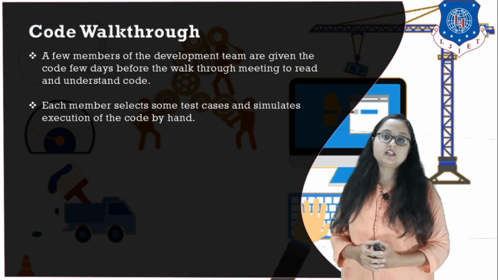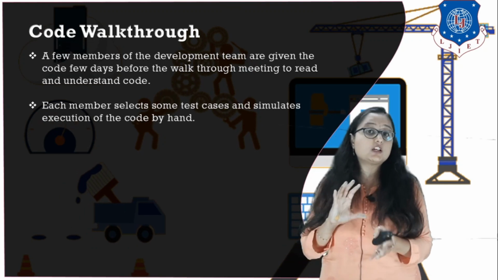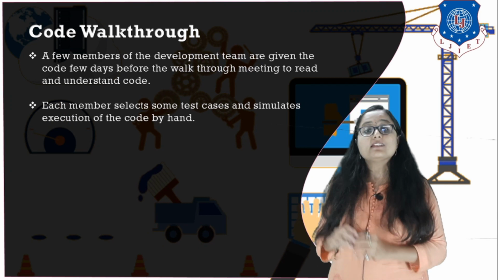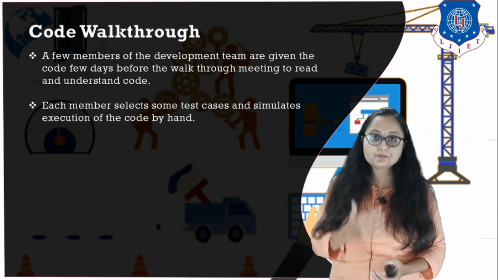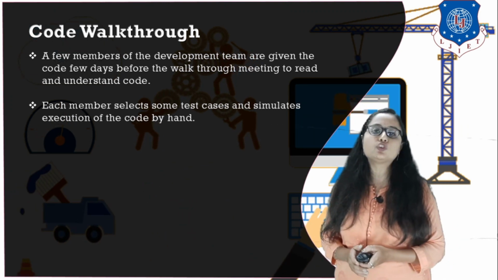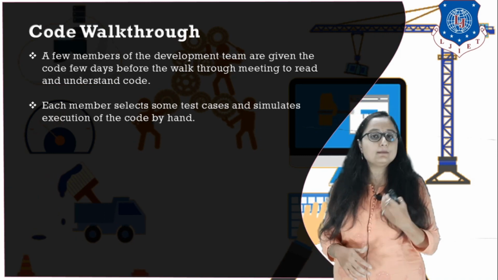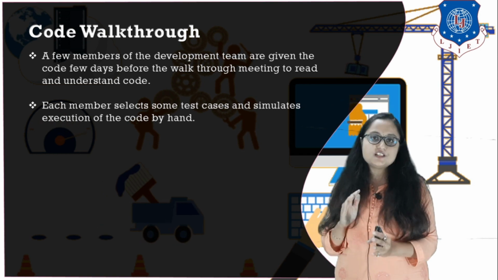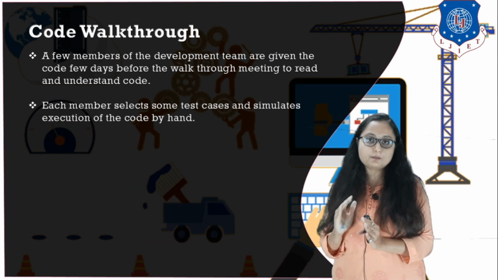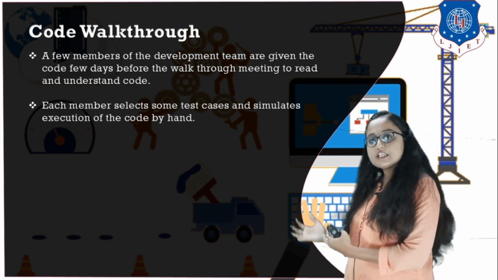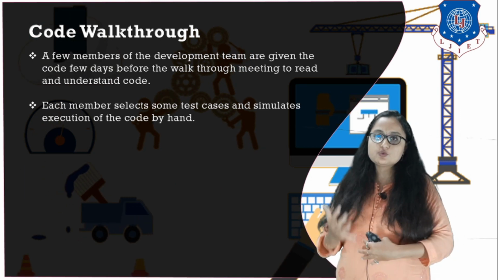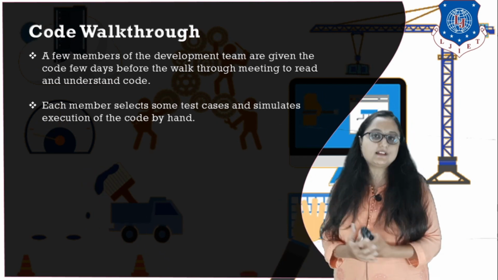There is a possibility that there is some sort of logic mistake or algorithmic mistake in your code. That also is seen in the code walkthrough. Also, the next thing that is seen in the code walkthrough is time complexity and space complexity, right? There may be a balance between time complexity and space complexity that you have given, but it is possible that you can optimize your complexity as well by using some other algorithm or some other method.